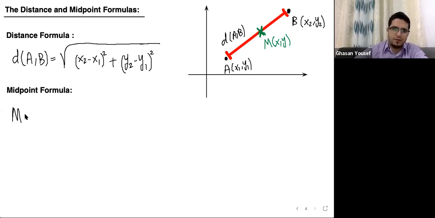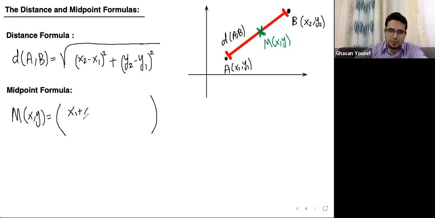So the midpoint formula, M of X, comma, Y, equals the sum X1 plus X2 over 2. So open parentheses, X1 plus X2 over 2, and Y1 plus Y2 over 2.